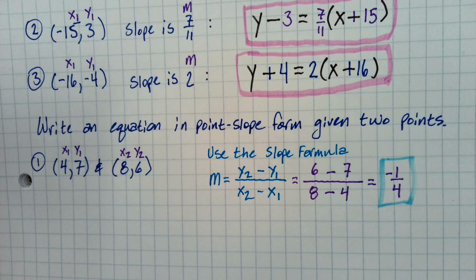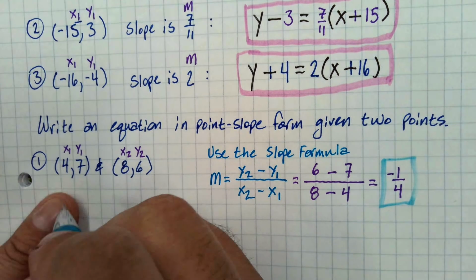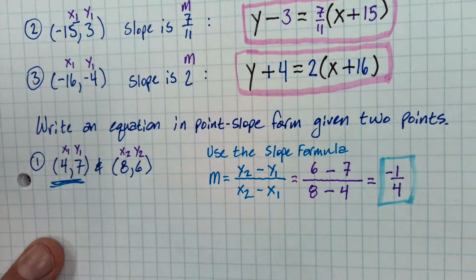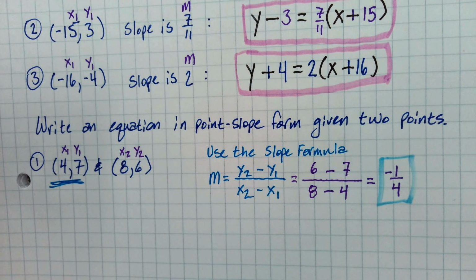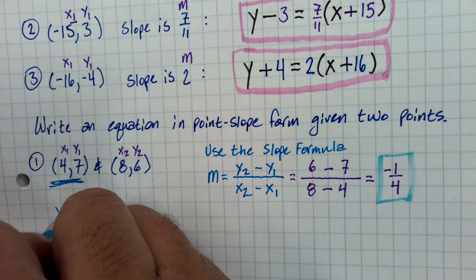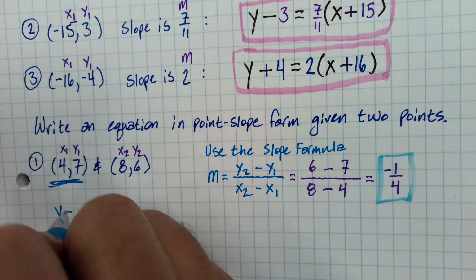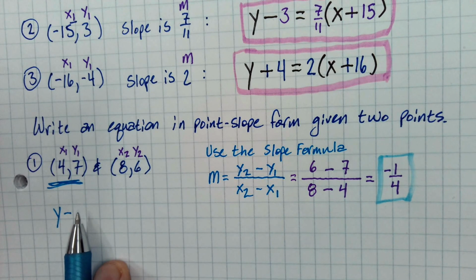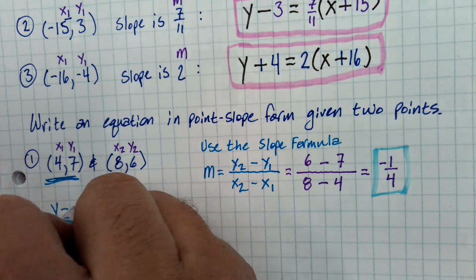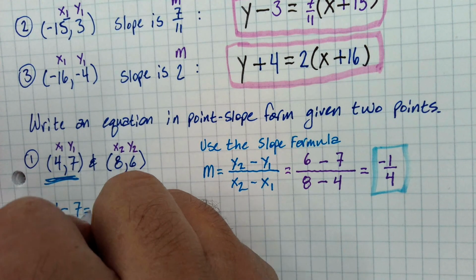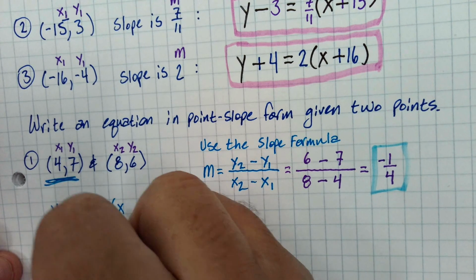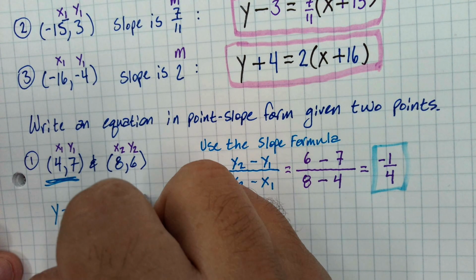So if I use that one, if I use this one here, okay, I want you to try this. Let's plug in this point and that slope. That would be y minus, which number? Y minus 7 equals negative 1/4 parentheses x minus 4.